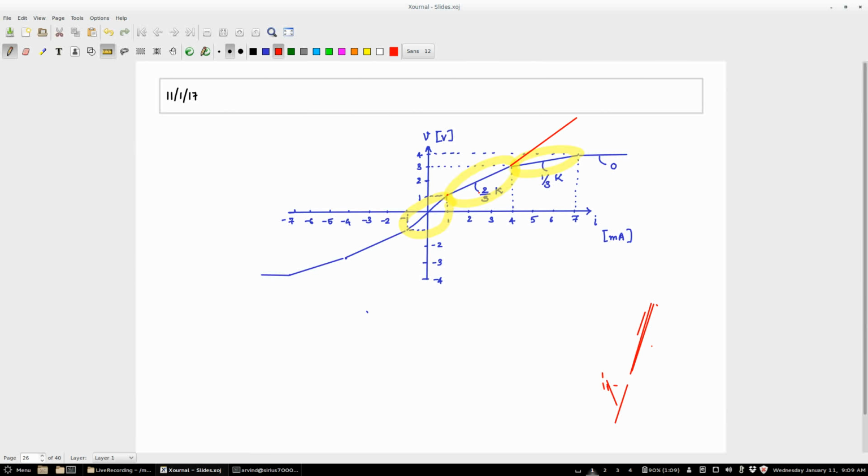But what if I am very nasty and I make every segment this kind of increasing resistance?